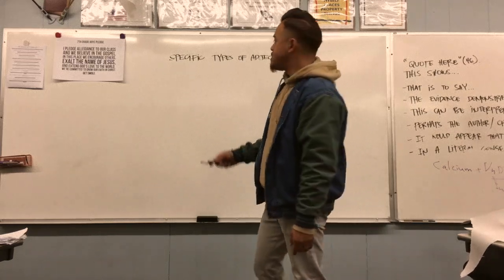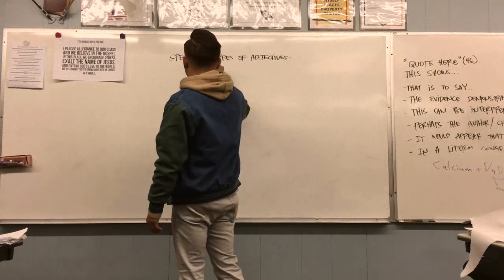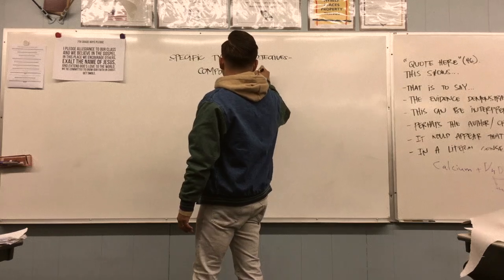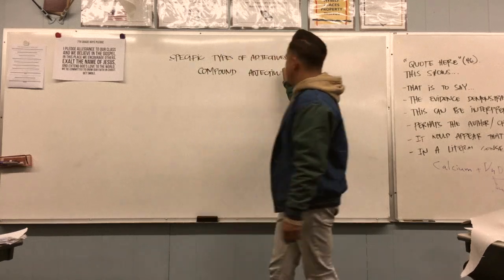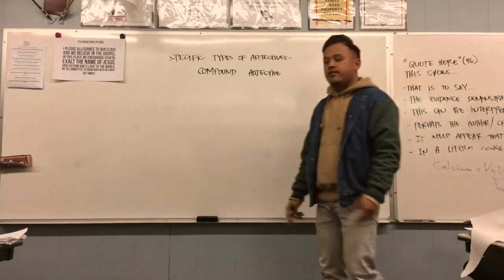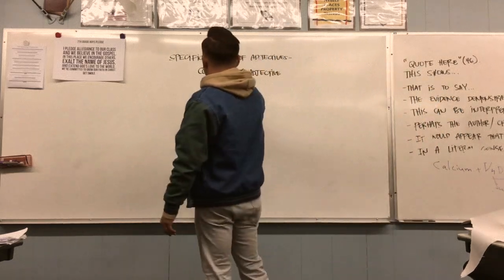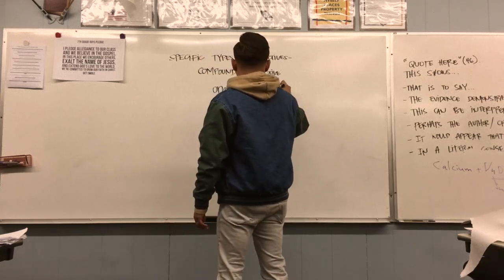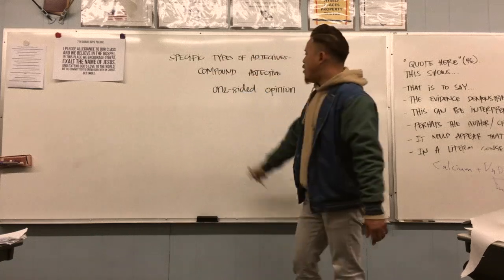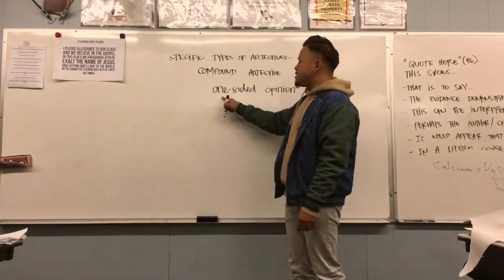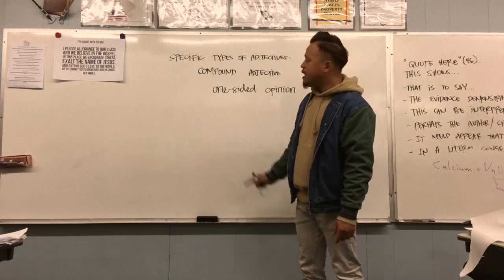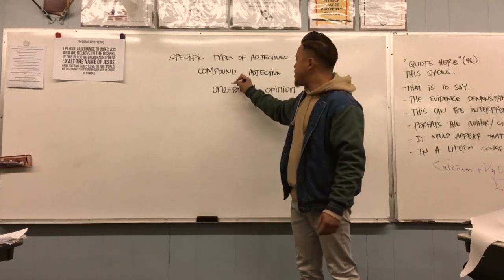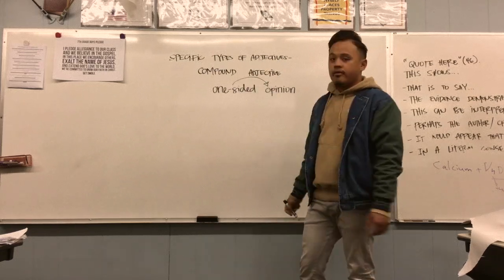So a compound adjective are things like a one-sided opinion. One-sided, two parts, making up the adjective, one and sided. You put that together, makes an adjective which describes opinion.